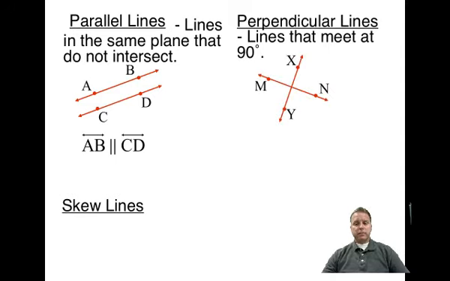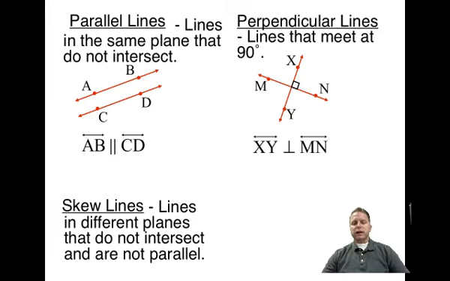This could be a set of perpendicular lines. They form 90-degree angles. To show that it's 90 degrees, you do an upside-down T, so that it looks like the side of a wall or something, and you can see the 90-degree angle.